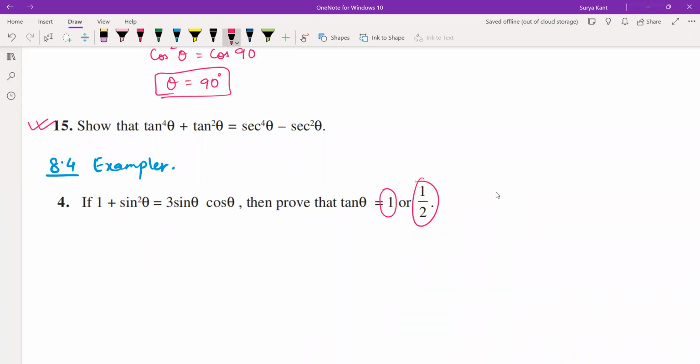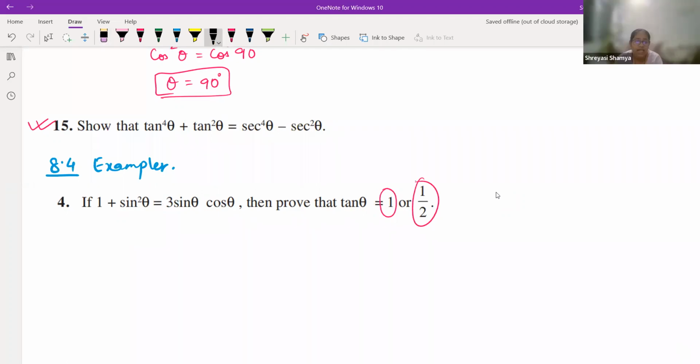If 1 plus sine square theta is equal to 3 sine theta cos theta. Sir, can we simplify 1 plus sine square theta as cos square theta? How can we write 1 plus sine square theta? Minus cos square theta? No, you can't write minus also.